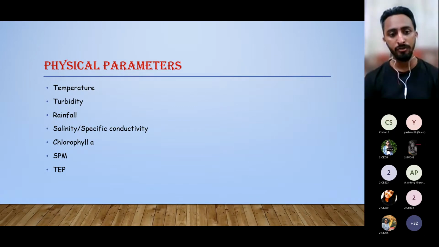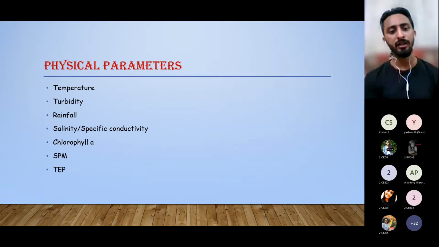TEP is also important because it helps in sinking carbon and other processes that are very common in nature. The major contributors of TEP are phytoplankton and bacteria.